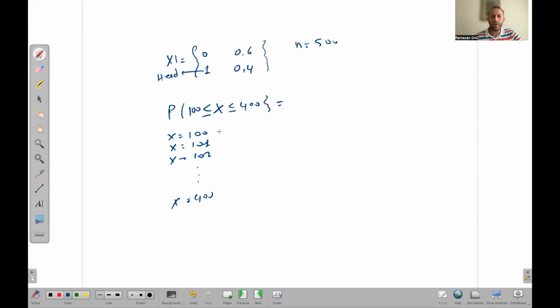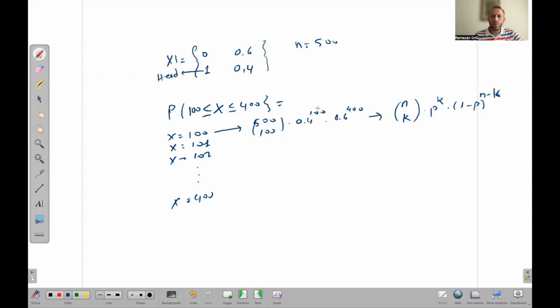For each of them, I have to calculate this thing, right? 500 choose 100 for this one, times 0.4 to the 100 and 0.6 to the 400, right? So this is in general form n choose k times p to the k times 1 minus p to the n minus k. Okay.